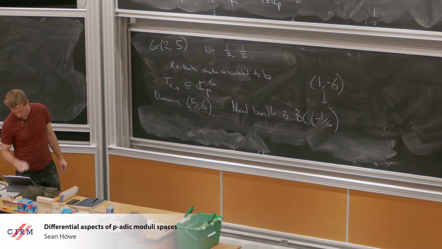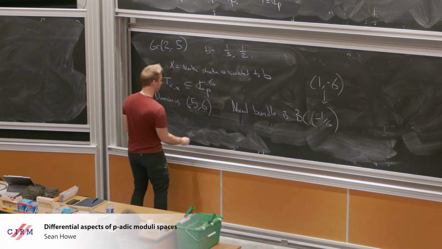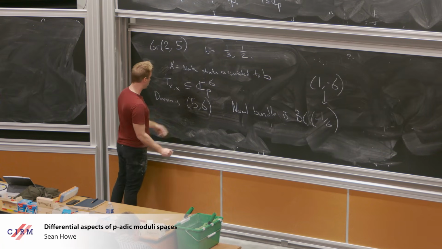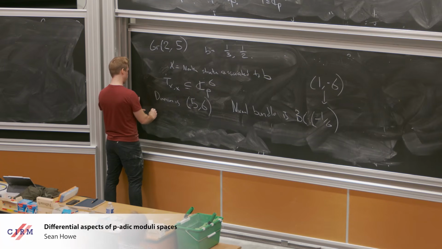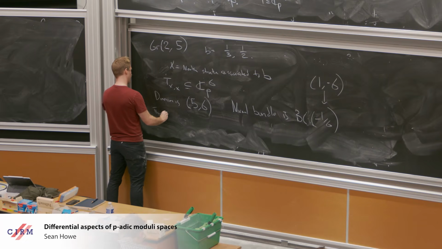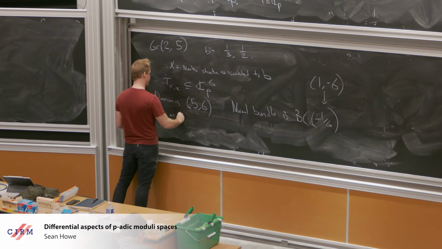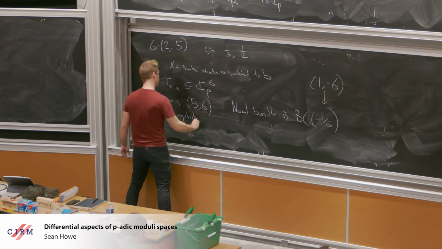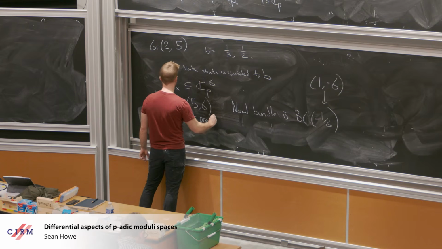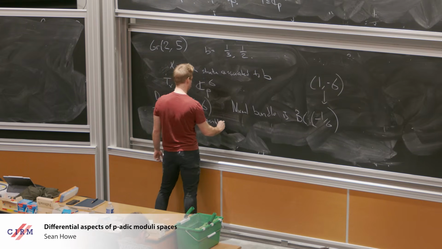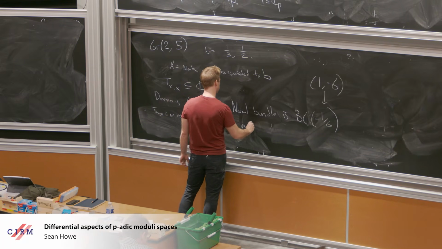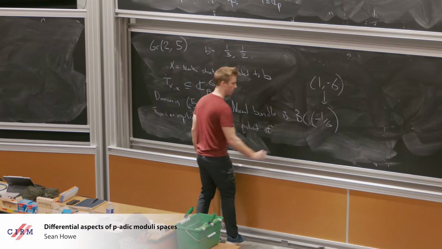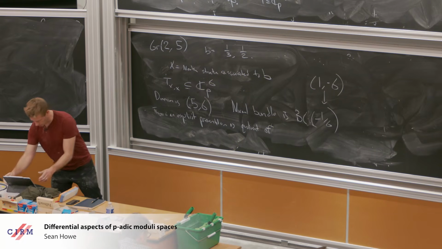Good. I don't know what it is, and I don't know if it's independent of X, but there is an explicit presentation of this as a quotient of, what is this?